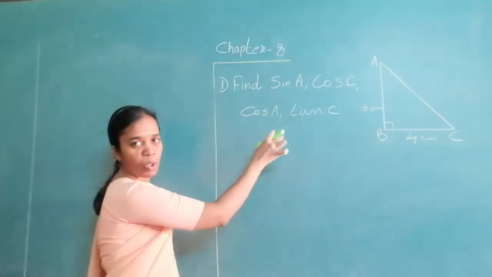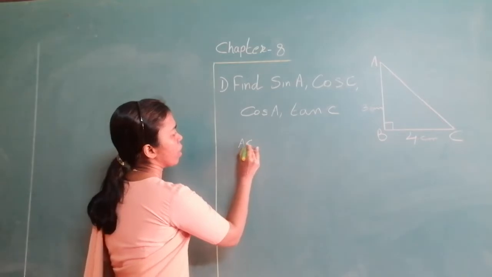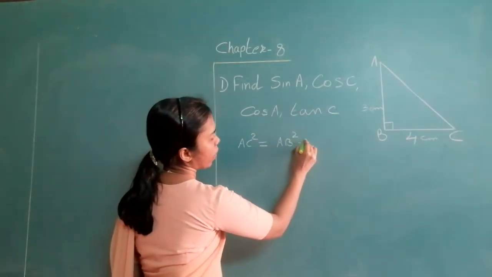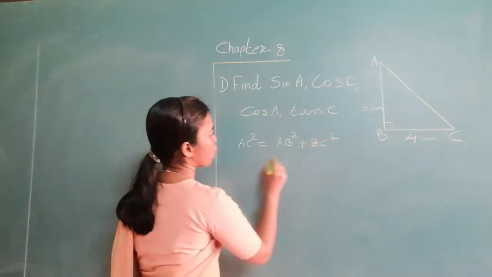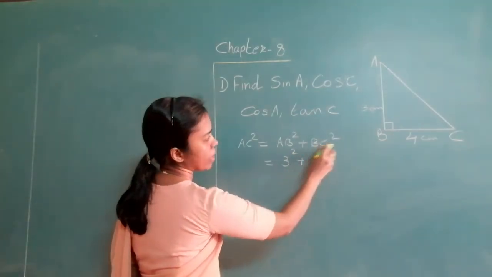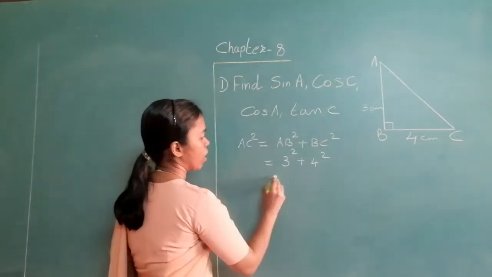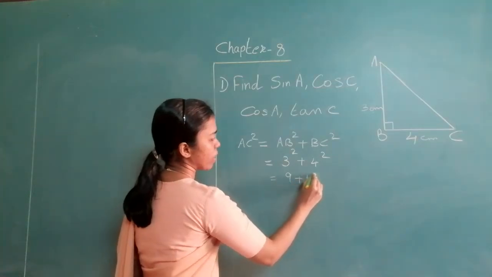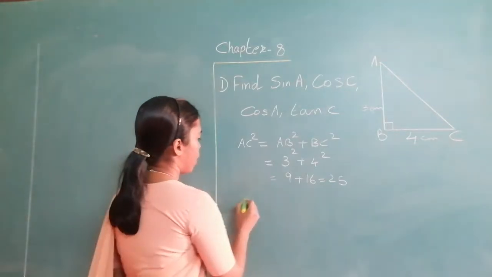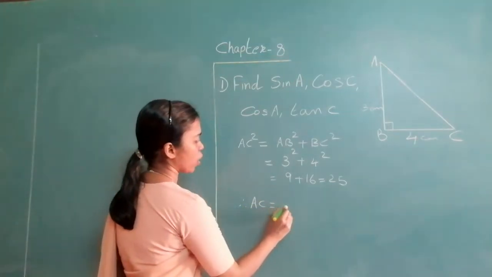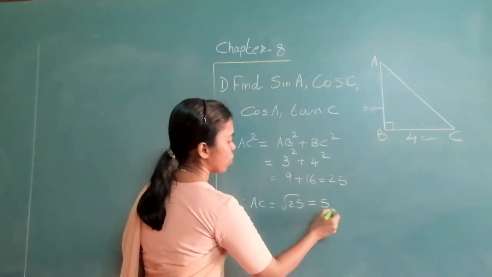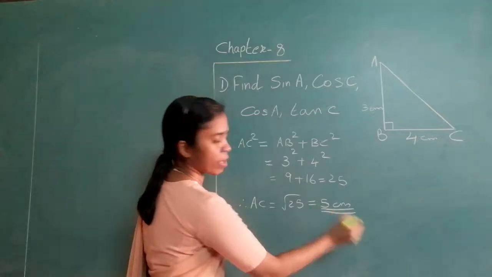By Pythagoras theorem, we have AC square equal to AB square plus BC square, that is equal to 3 square plus 4 square, that is equal to 9 plus 16, that is equal to 25. Therefore, AC is equal to square root of 25, that is equal to 5 centimeter.